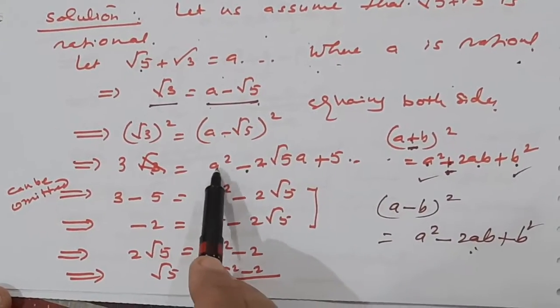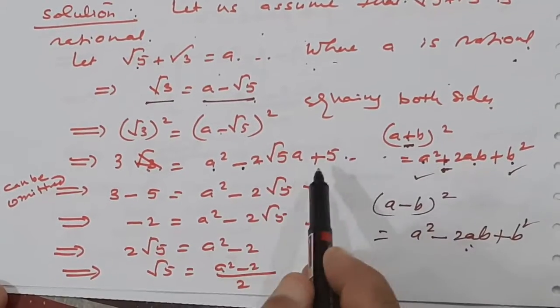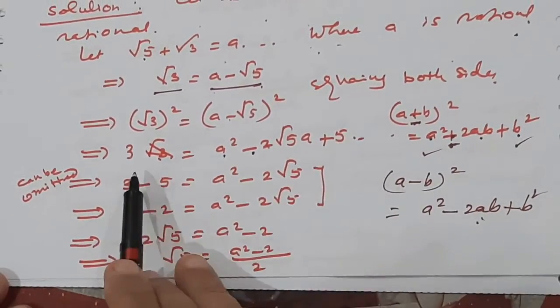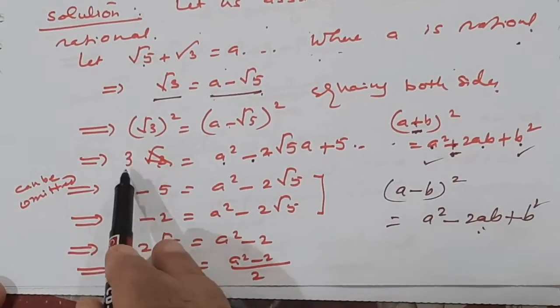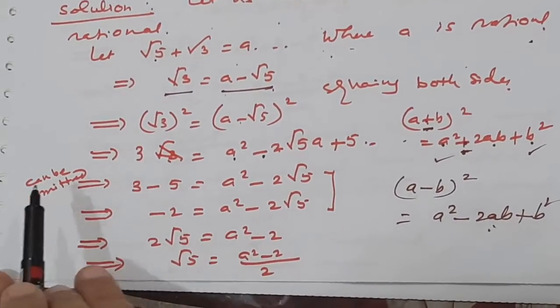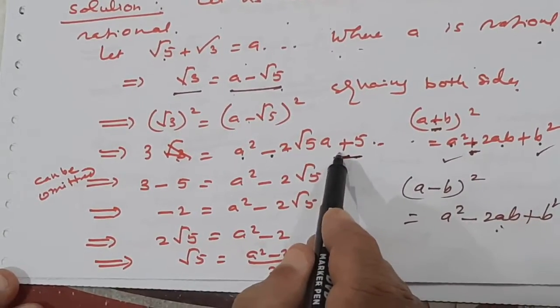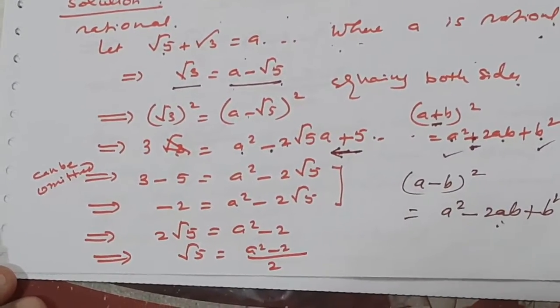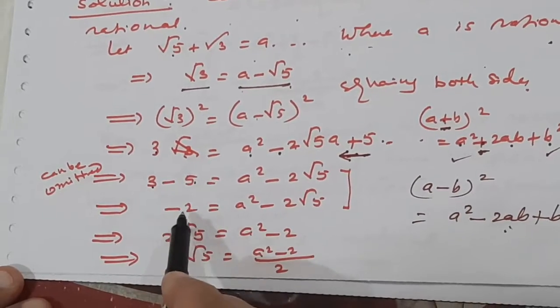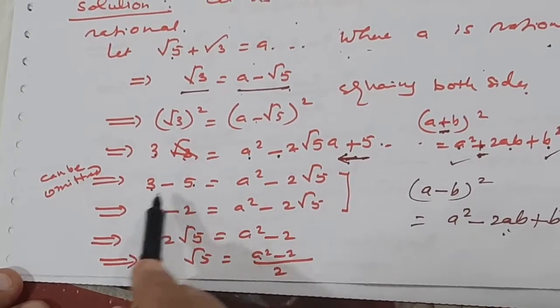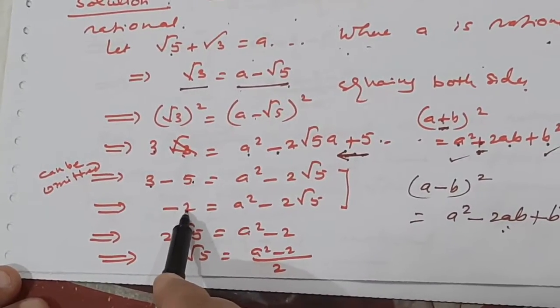Now a square minus 2 root 5 a plus 5. A simple idea here: root 3 square is 3. I have taken 5 to the left hand side, subtracting 5. So here 3 minus 5. Simply we have to simplify. 3 minus 5 is minus 2.